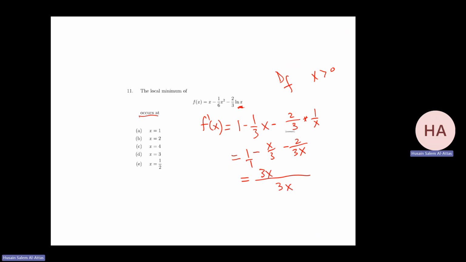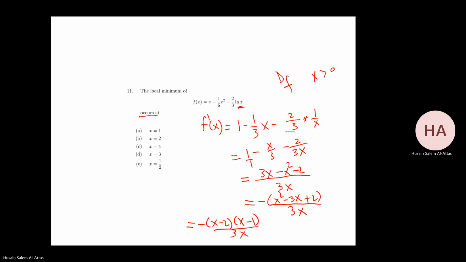I have 3x over 3 is x minus x squared minus 2. Can take minus common factor. I have x squared minus 3x plus 2 over 3x, which is equal to minus (x minus 1)(x minus 2) over 3x. Okay. Now, if I make f prime equal 0, I have x equal 1 or x equal 2.